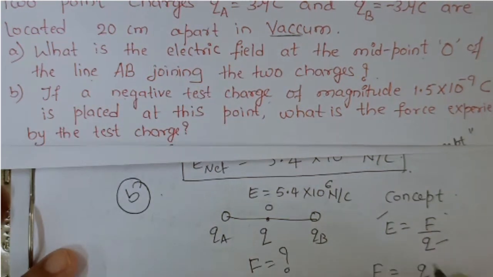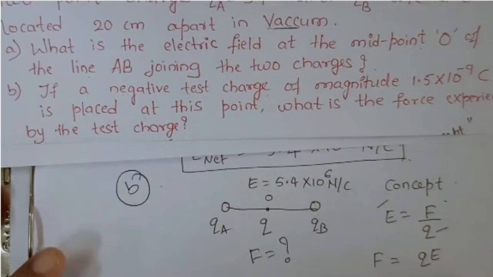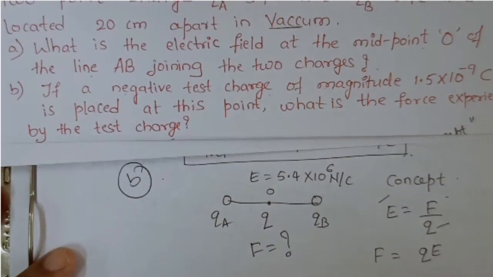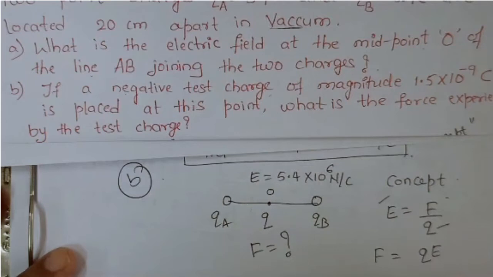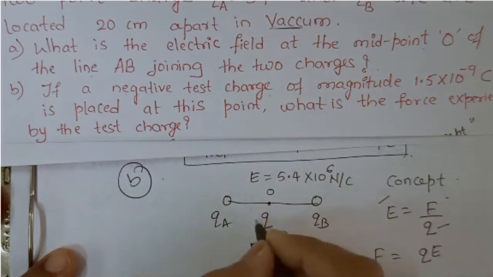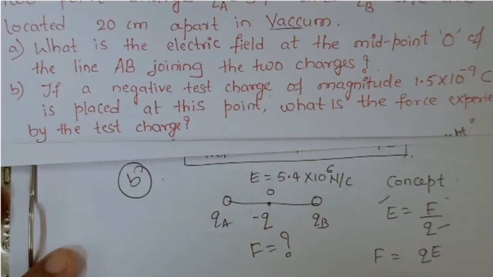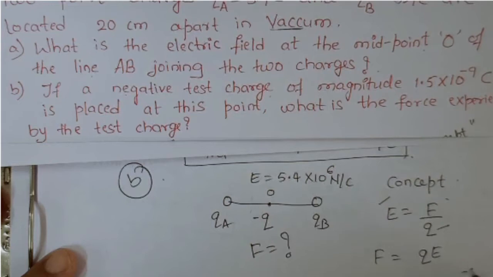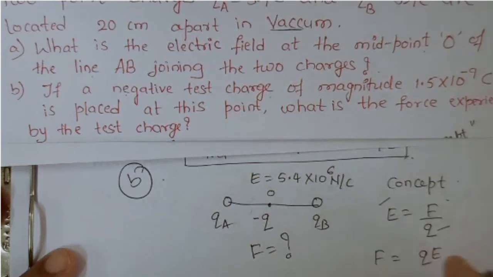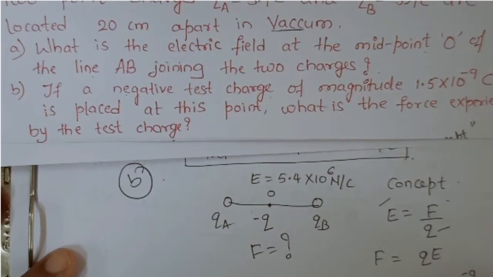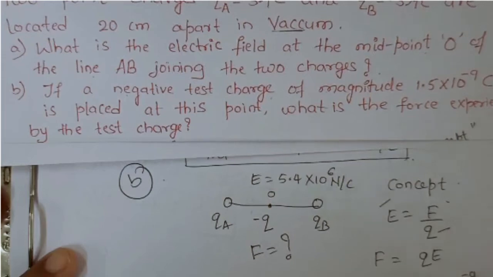From this, F equals Q into E. Is that clear? Then F is equal to the test charge, how much? It's a negative test charge, so I have to take care of the minus. So minus 1.5 into 10 raised to minus 9 into E. E is how much here? 5.4 into 10 raised to 6.